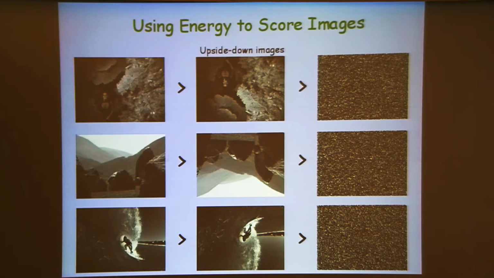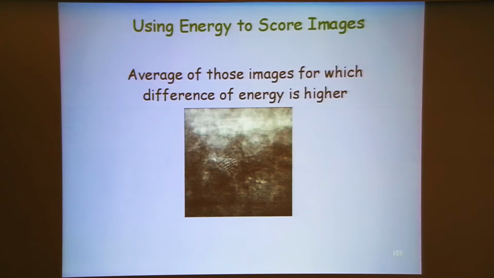Because if you take those images for which the energy gap is higher, and you average those images, you get this image. You can see that these images have in common the fact that the top is brighter than the bottom. So the model figured out by itself, by just looking at many, many images, that the top of the image tends to be brighter than the bottom.